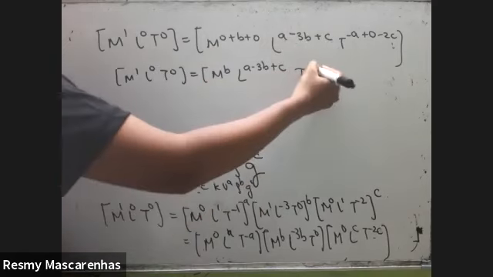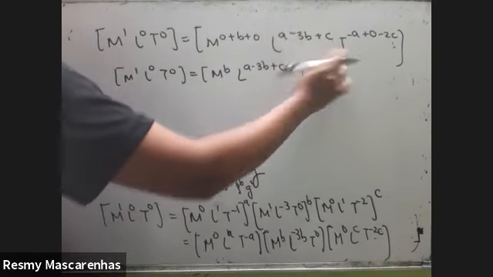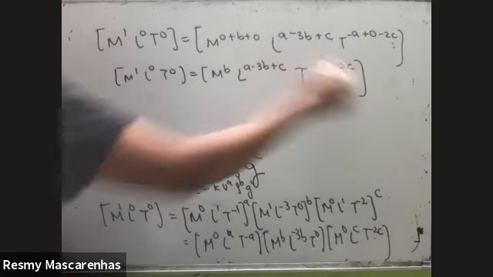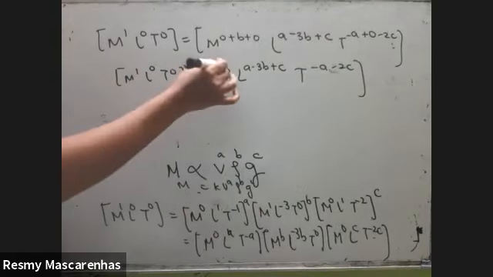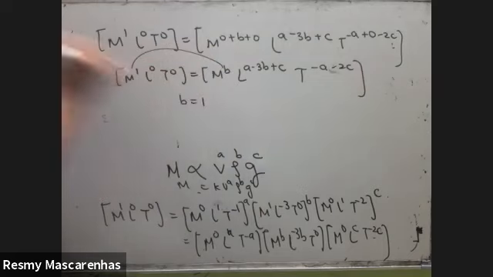That is what they were asking for. You'll get B as 1.